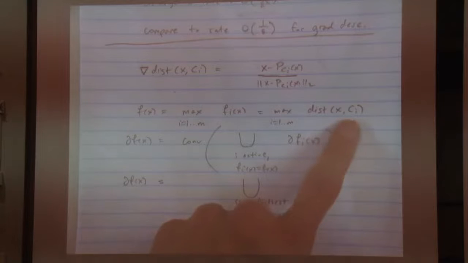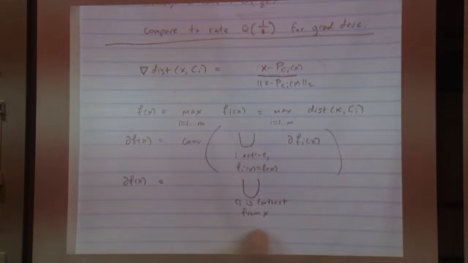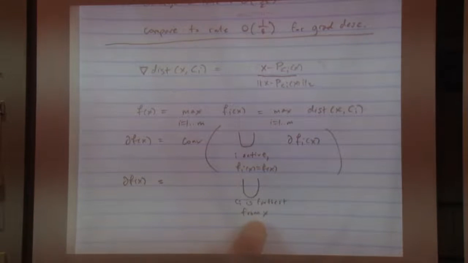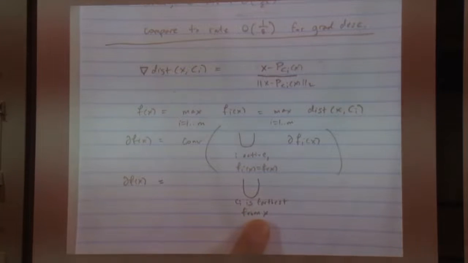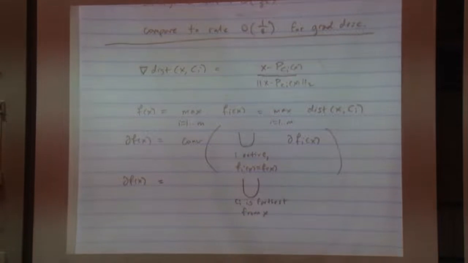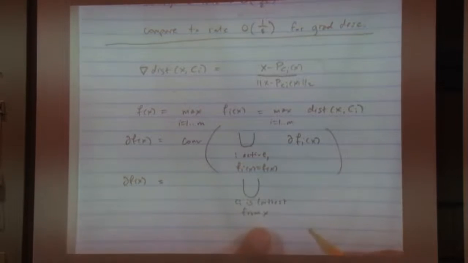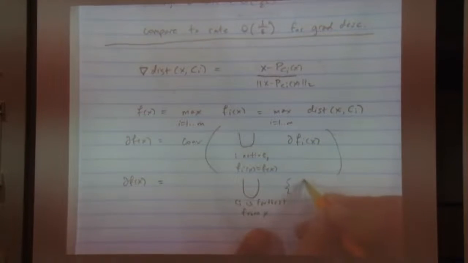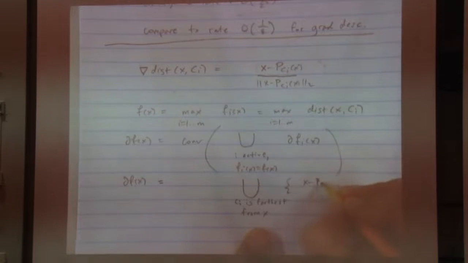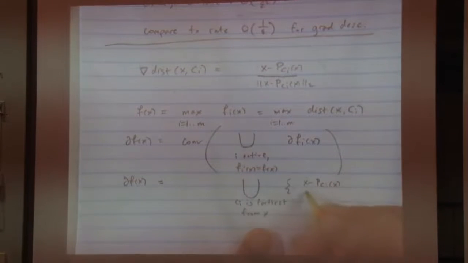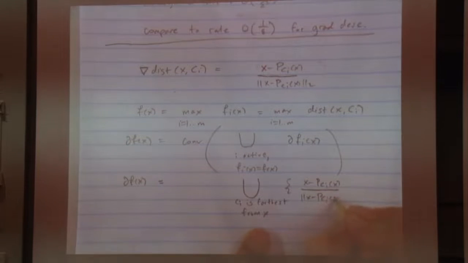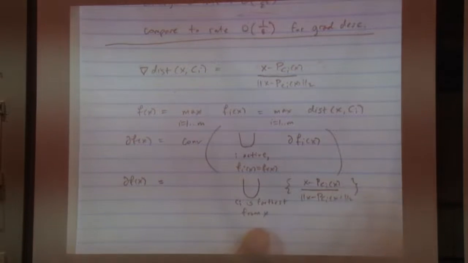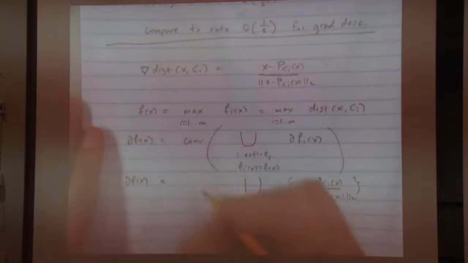Well, if the maximum is achieved at C_i, it means that C_i is the farthest set from x. So there could be multiple, right? It could be a tie between some sets. That's why it's a union. We look at all the sets that are farthest from x. We collect all of their subgradients. Their subgradients are just these guys, right? That we proved. And we take the convex hull of that.